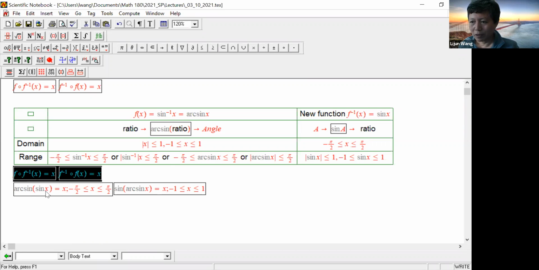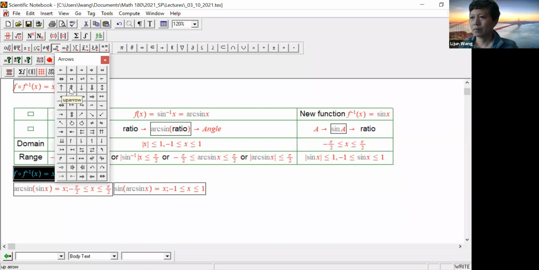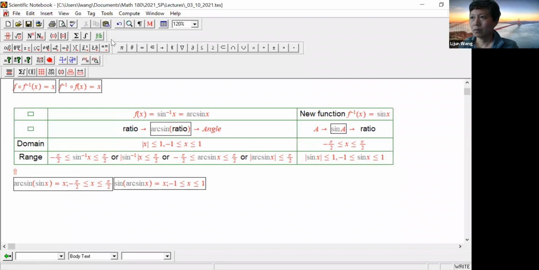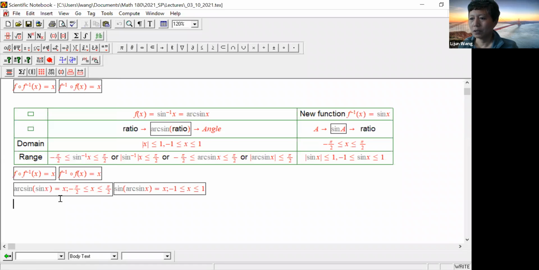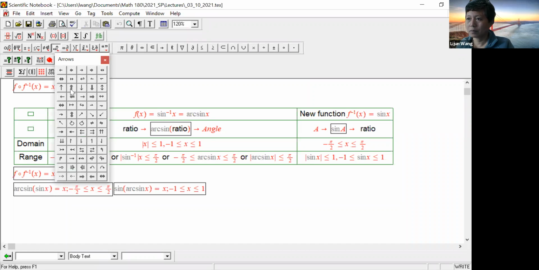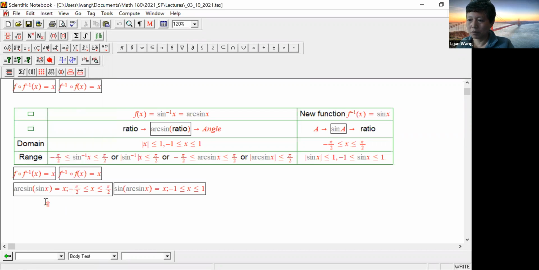Look over here, this input x. This input x is given to sine.